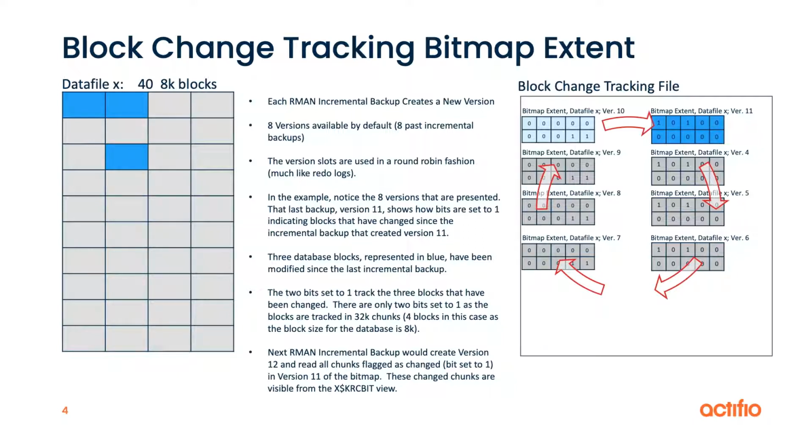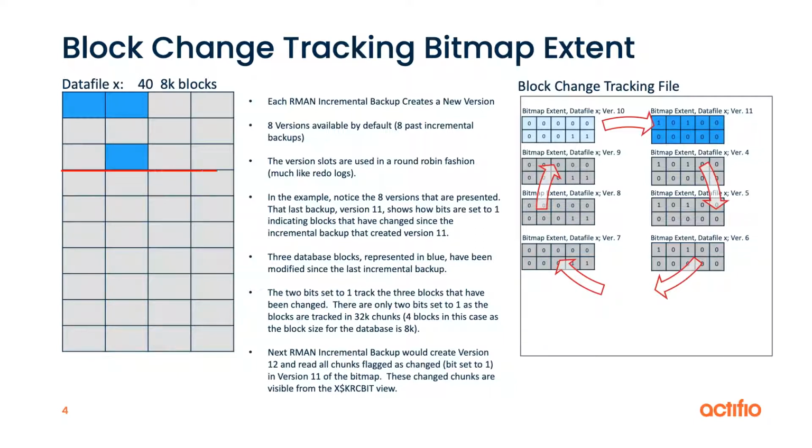So here we see that the first 4 blocks, which make up our 32K, have 2 blocks that have changed in them. Therefore, the first bit in our bitmap has been flipped to 1, and that would tell RMAN that, hey, in this first 32K chunk, there's at least 1 block that has changed. In the next set of 4 blocks, the next line down, there are no blocks that have changed. So that bit, if we look over in our bitmap, is still 0.